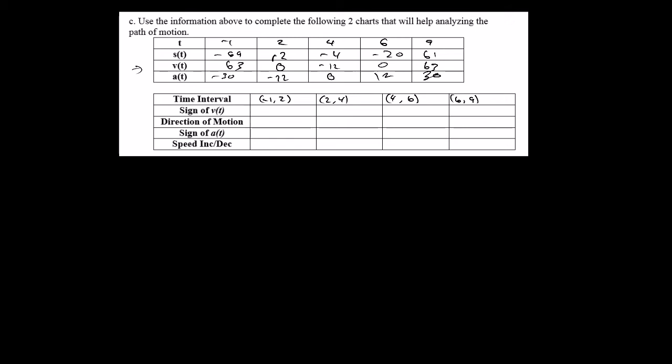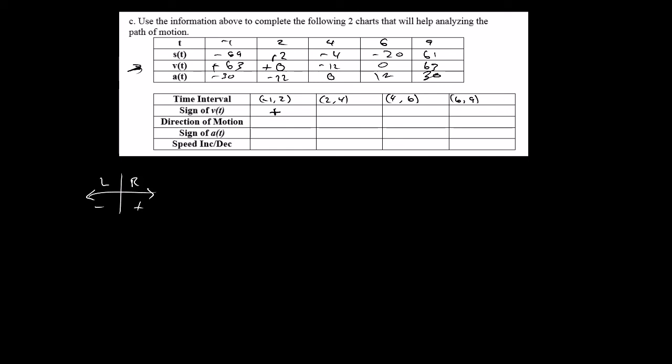Well, if we look from -1 to 2, the sign of our velocity, we're looking at this one here. We notice that 63 is positive, and it goes up to 0. So all of these are positive, so this is going to be a positive number. If we think of a coordinate plane, and this is the positive direction, this is the negative direction, well, this is going to the right, and this is going to the left.